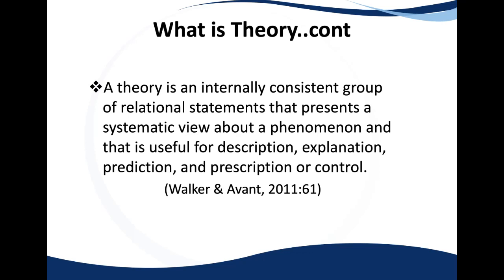And they believe that a theory is an internally consistent group of relational statements that present a systematic view about a phenomena, and that is useful for description, explanation, prediction, and prescription or control.